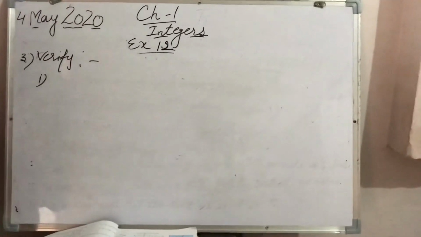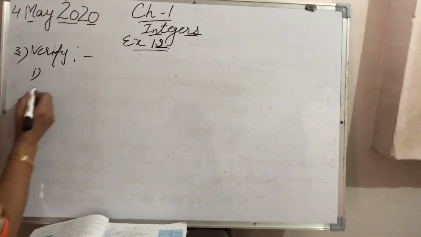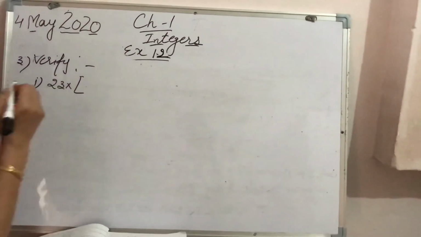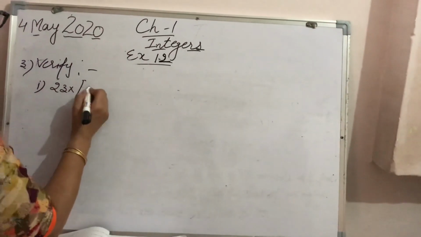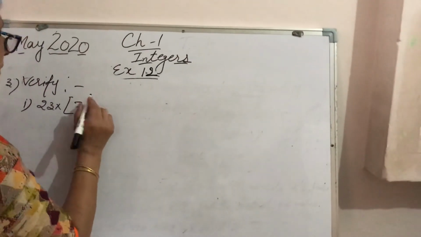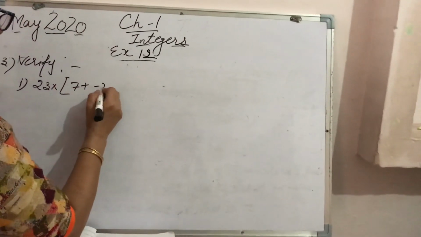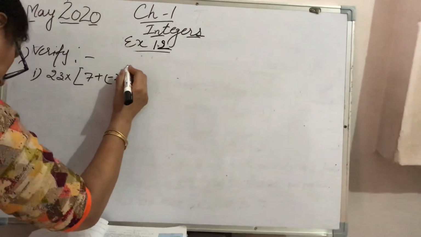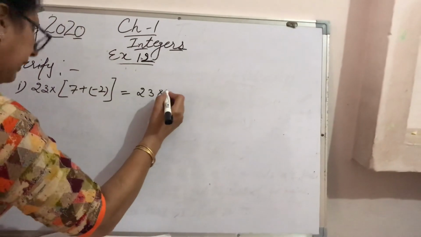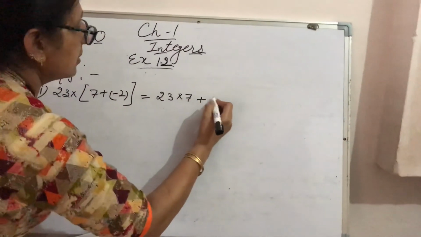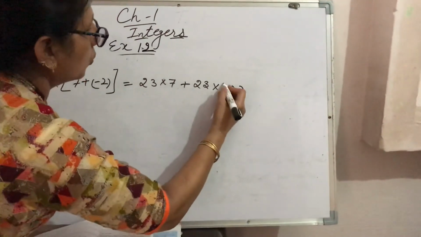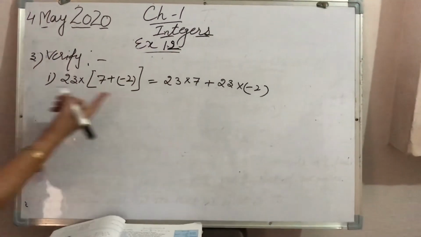First part of the question, 23 multiplied by 7 plus minus 2 equal to 23 multiplied by 7 plus 23 multiplied by minus 2. So we have to verify.